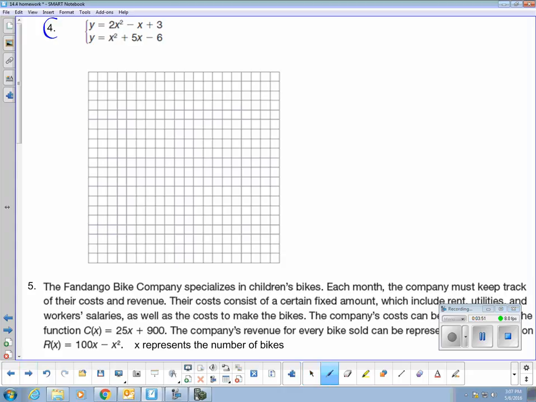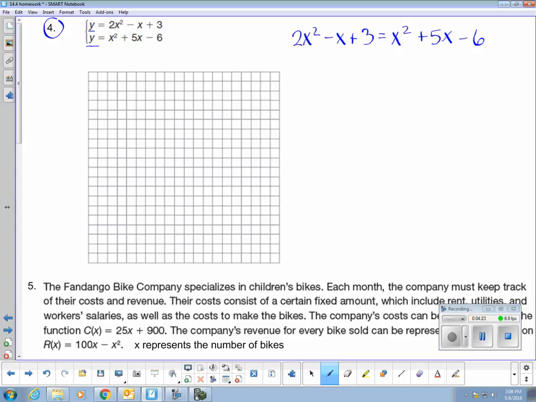Number 4, again, I'm going to set both equations equal to one another. Since both equations are equal to y, then both of those must equal each other.